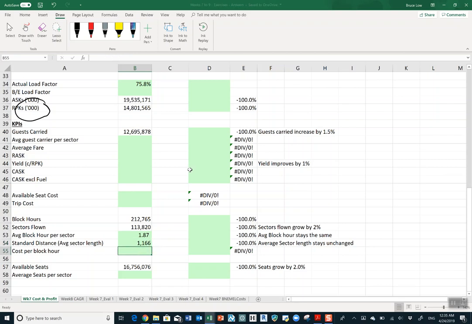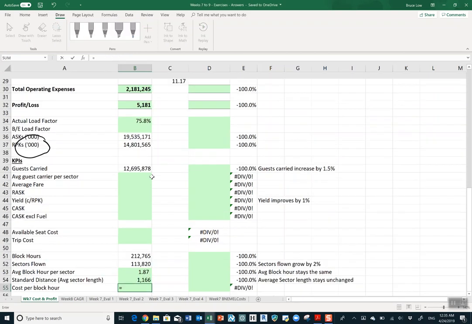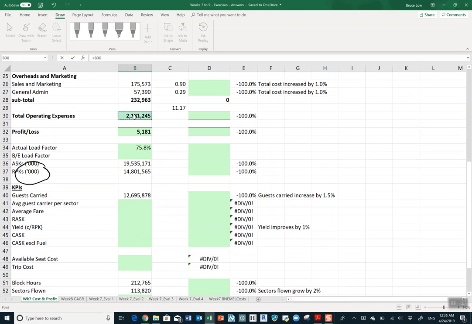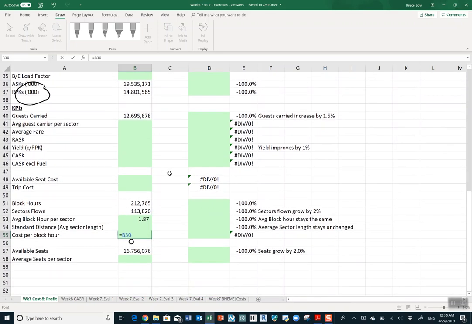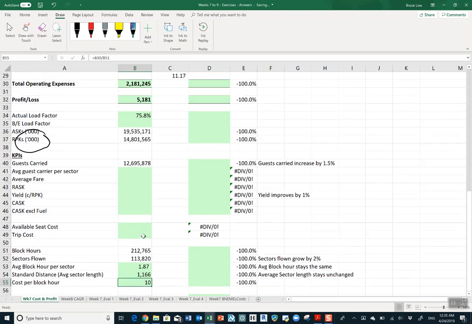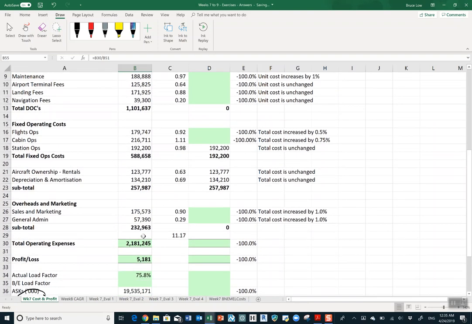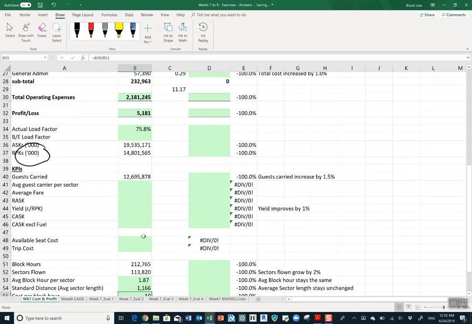And then our cost per block hour is simply our total costs, expenses, divided by our total block hours flown. Now our expenses, no, that's right.